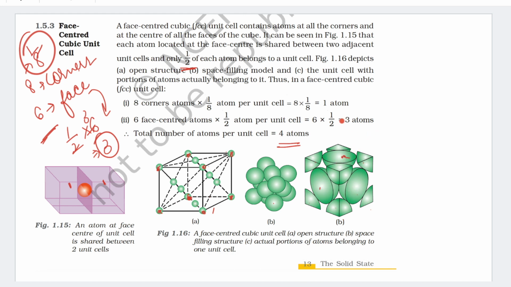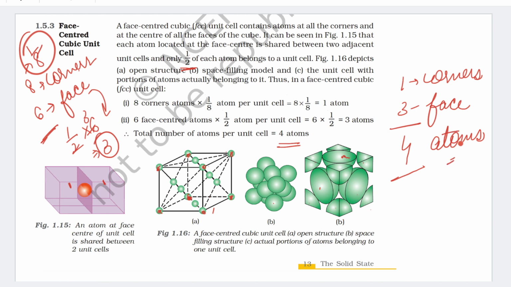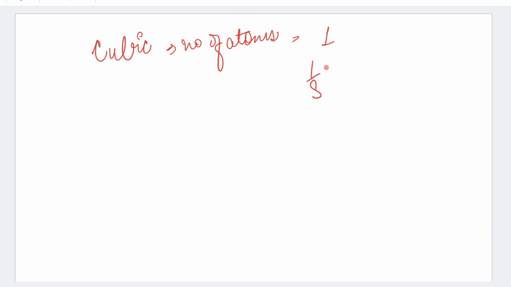Now the contribution in FCC is 1 from corners and 3 from faces. Now the total is 4 atoms. Like in simple cubic, the number of atoms equals 1, because only atoms present on the corners contribute, and it is 1 by 8 each.